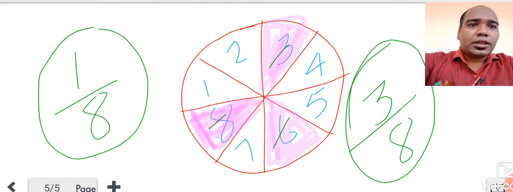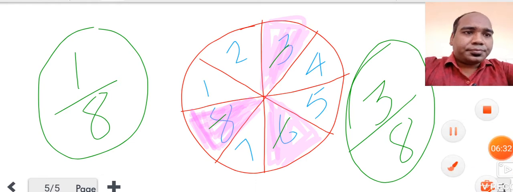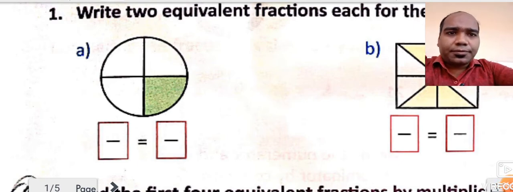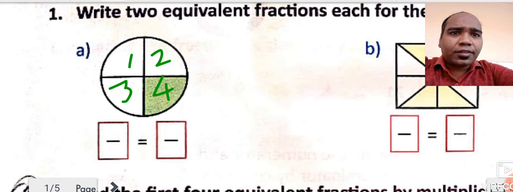Got it? Now I hope this is clear to you. How can we write in fraction looking at the figure? Now just look at this figure. This circle is divided into how many parts? 1, 2, 3 and 4. Out of these 4 parts, how many parts are shaded? One part is shaded, this part.